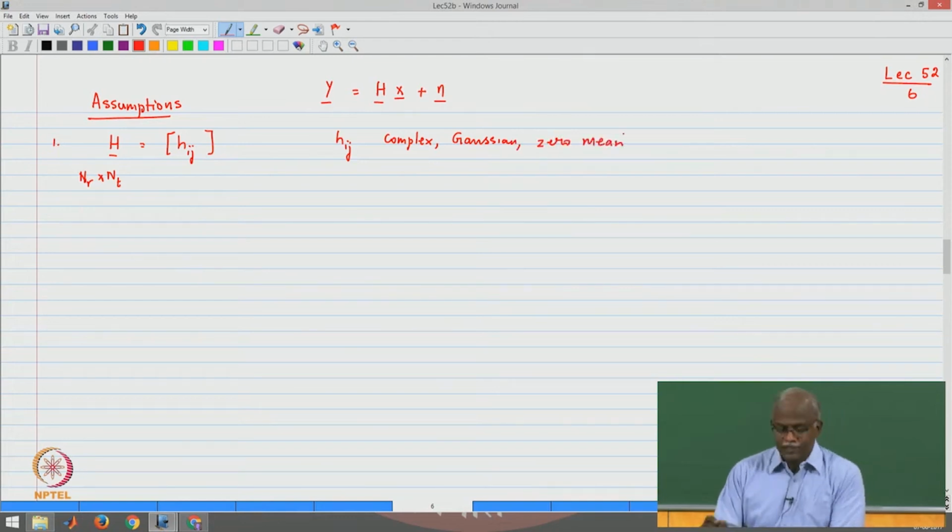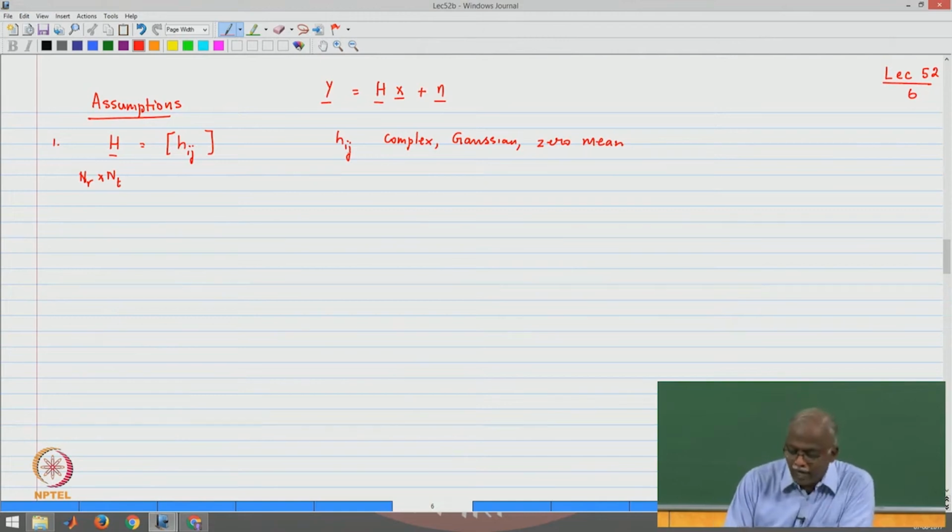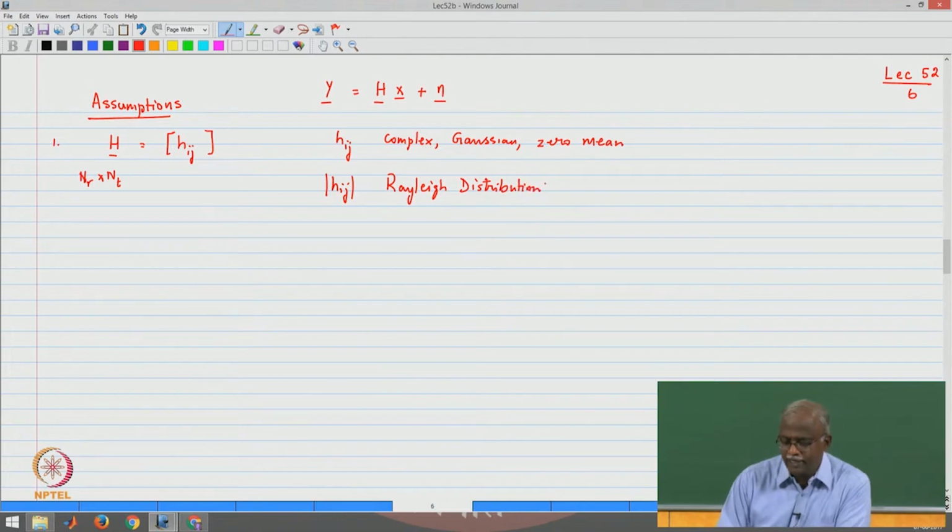So, complex Gaussian zero mean, therefore, their envelope would be Rayleigh, as we have discussed before, and this is an assumption that each of the channel coefficients are Rayleigh distributed. So, magnitude Hij has a Rayleigh distribution. This is an assumption that we are making because we are working in a wireless environment.